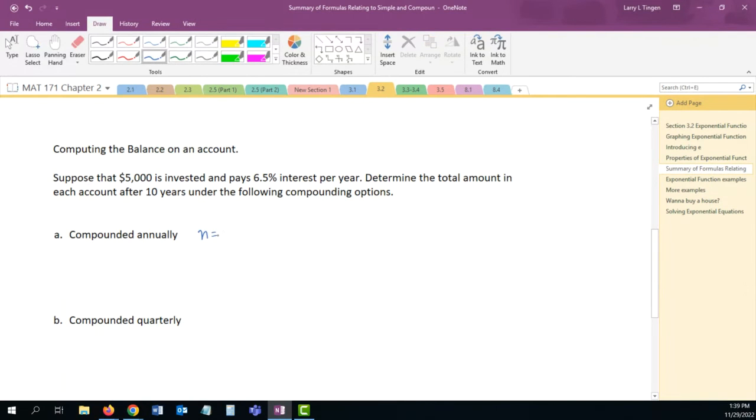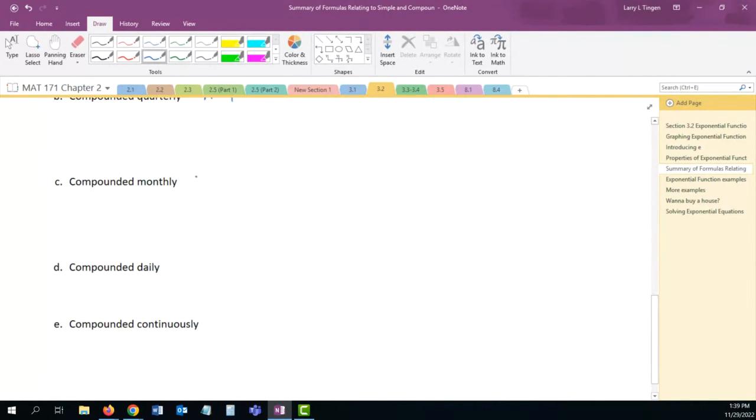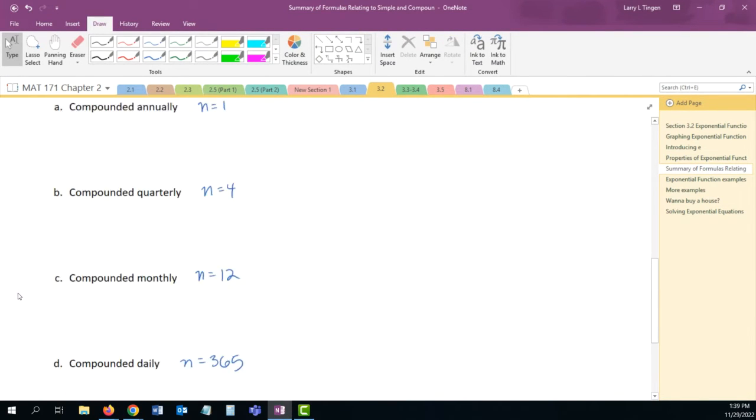Compounding annually means N is 1, quarterly, N is 4. Monthly, that's usually what bank accounts do, N is 12. Daily would be 365. And then compounding continuously is when we use a different equation.